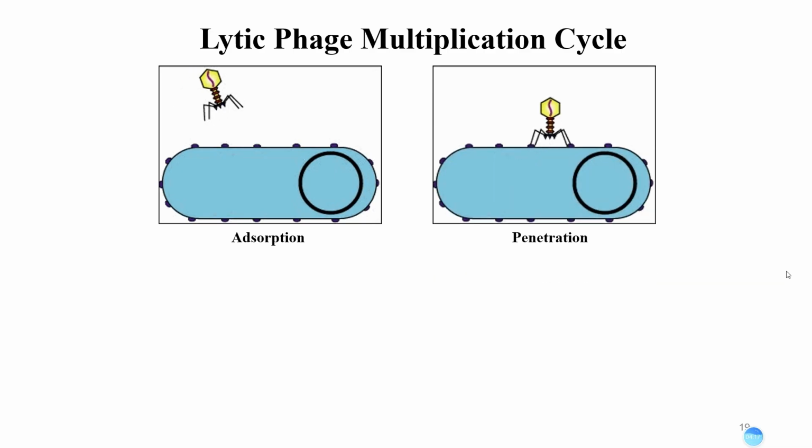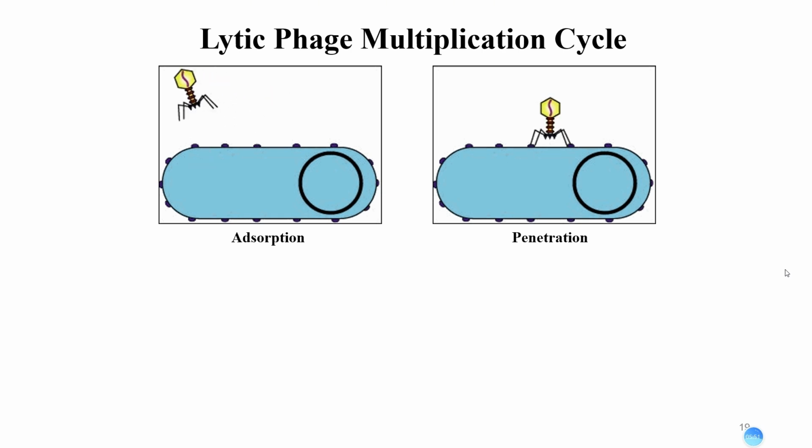The second step: once it is attached to the surface, the phage injects its genome into the bacterial cell. Once the phage particle binds to the host cell surface, it injects its genome inside the host cell.